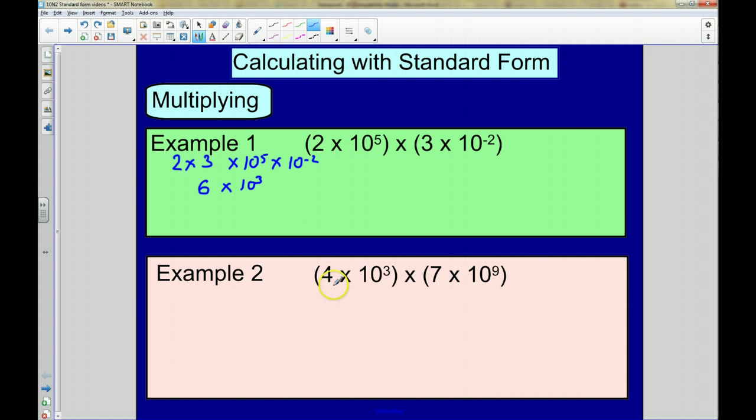Now in the second example, we can do a similar thing again. So we've got 4 times 7, and I'm going to times that by 10 to the power of 3 times 10 to the power of 9.